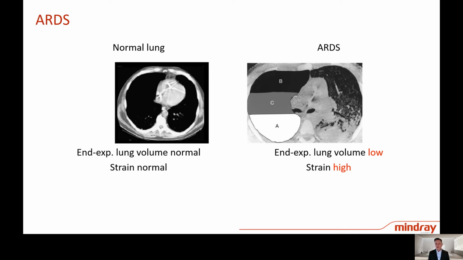So you see on the upper part, we have recruited lung volume. On the lower part, we have non-recruited lung volume, atelectasis, that leads to what is called the baby lung in ARDS. In those conditions, the end expiratory lung volume is low and the strain is high.